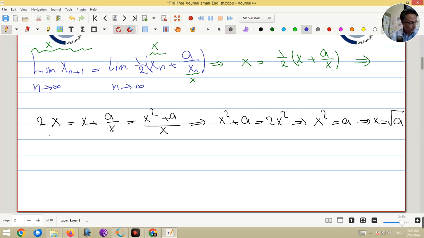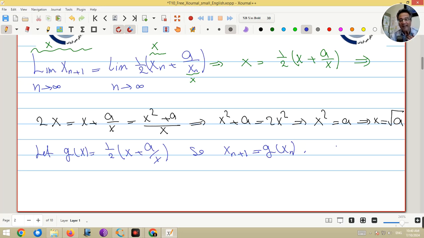But for the second part, let g(x) be 1/2 (x + a/x). So you can define x_{n+1} equal to g(x_n), and we know that the square root of a is the fixed point of this sequence.